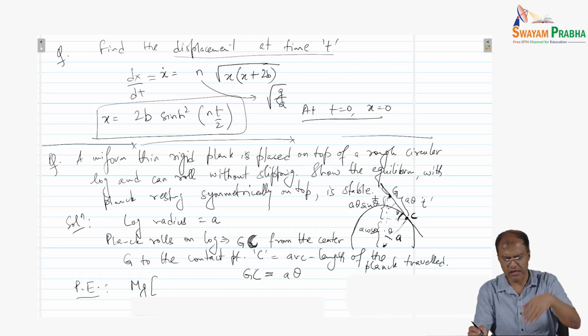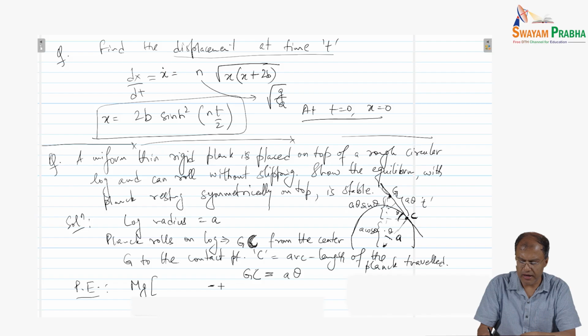So we subtract the initial potential, and at any given time point the height will be a cos theta plus a theta sine theta minus a. This is my potential.